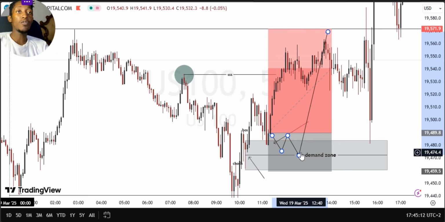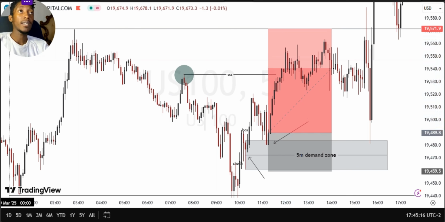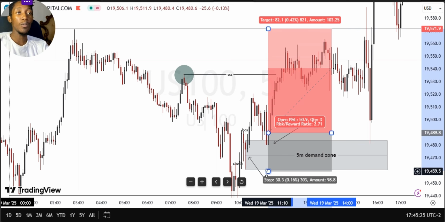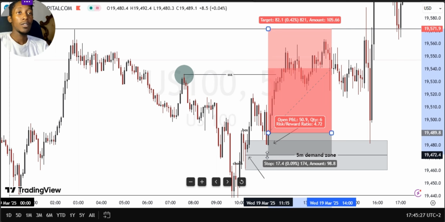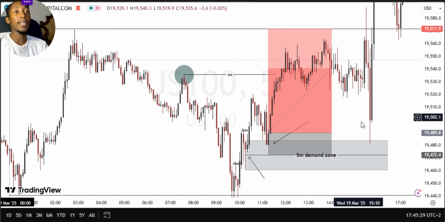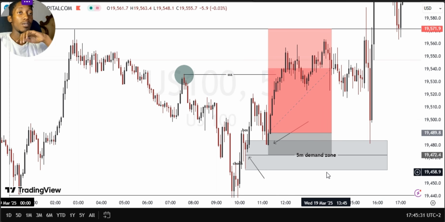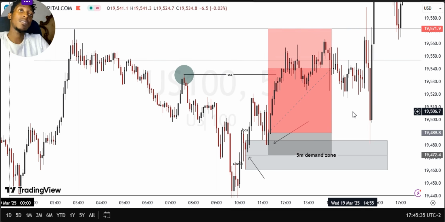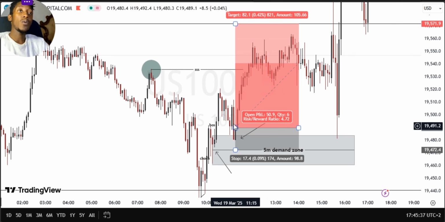I can only move my stop loss into break even once we hit TP1. So as you can see here, it smashed TP1, and then where do you break even? You put your stop loss exactly at the 50% of this demand zone.